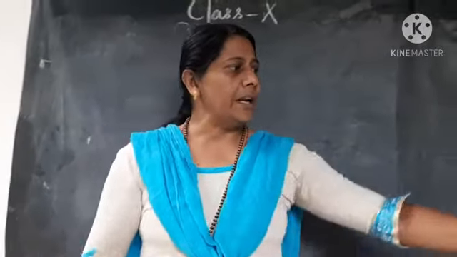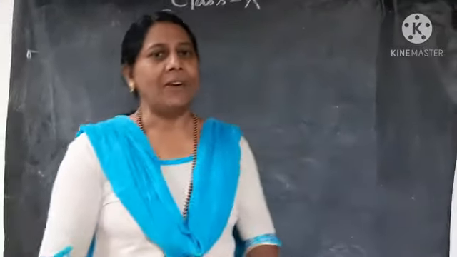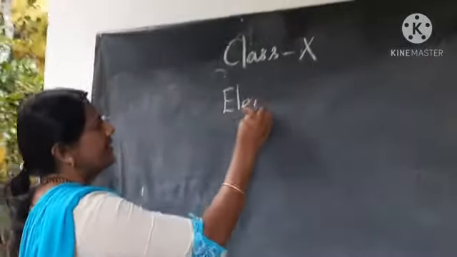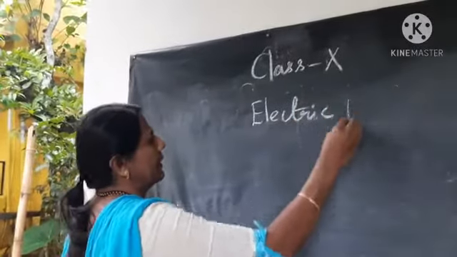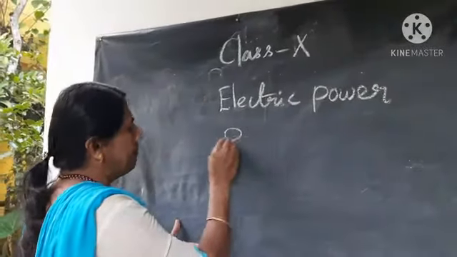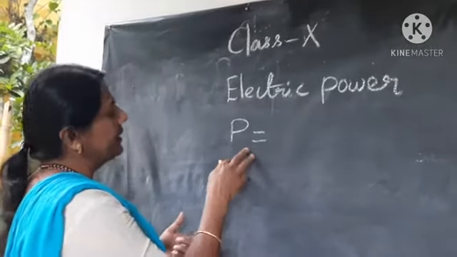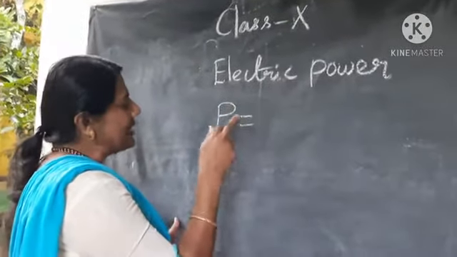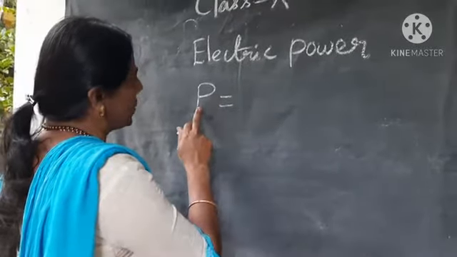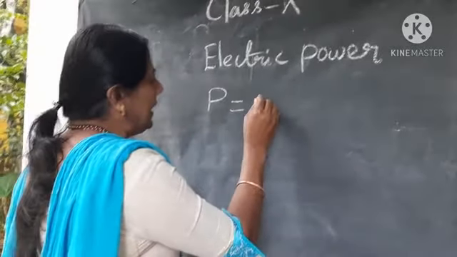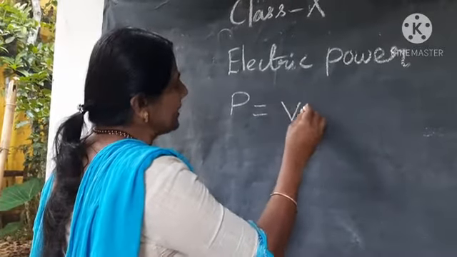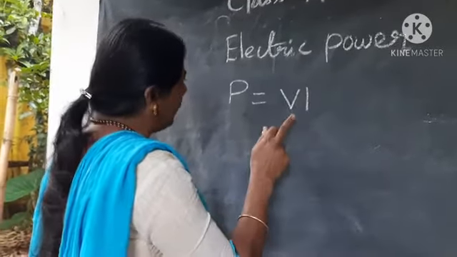The next one, now we are going to see what is electric power. Power is denoted by letter P. The electrical energy consumed or dissipated in an electric circuit is called power. Already we have discussed in the last class, P is equal to VI.